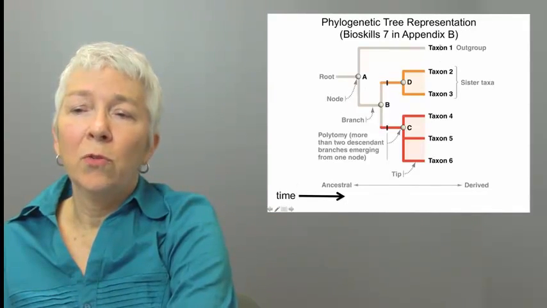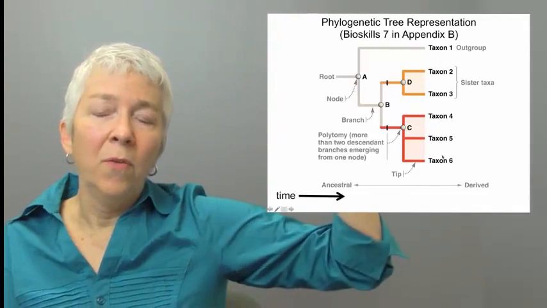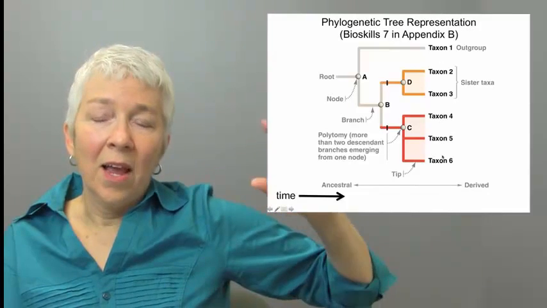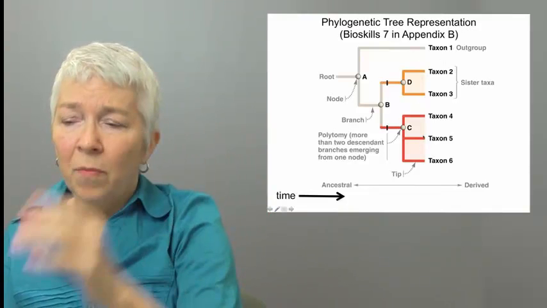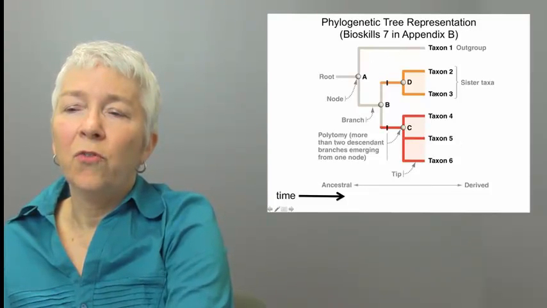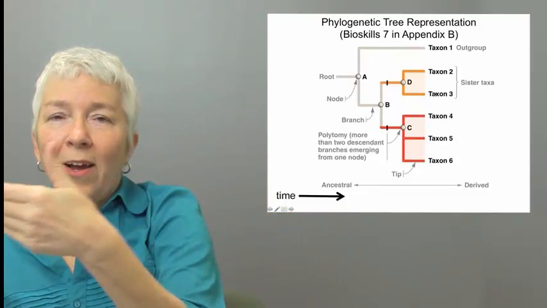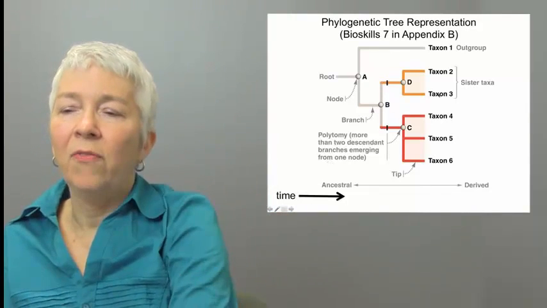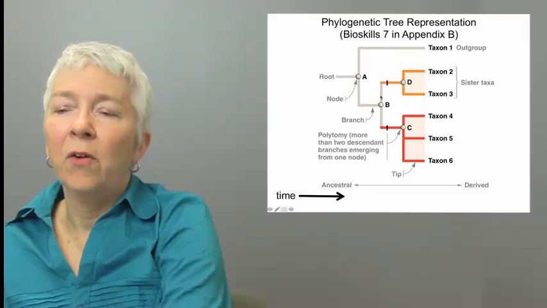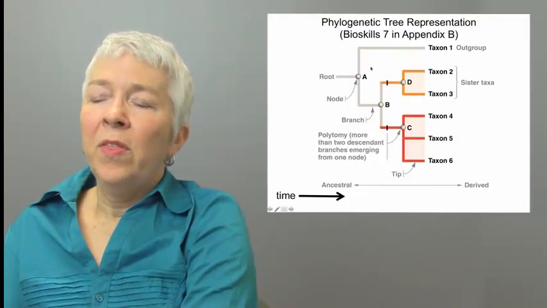So in this particular case, we're looking at taxa that all exist at the same point in time, and their relationships are shown by this phylogenetic tree, which we can understand if we go back earlier in time. So as we go back earlier in time, we're going to the left on this particular diagram.